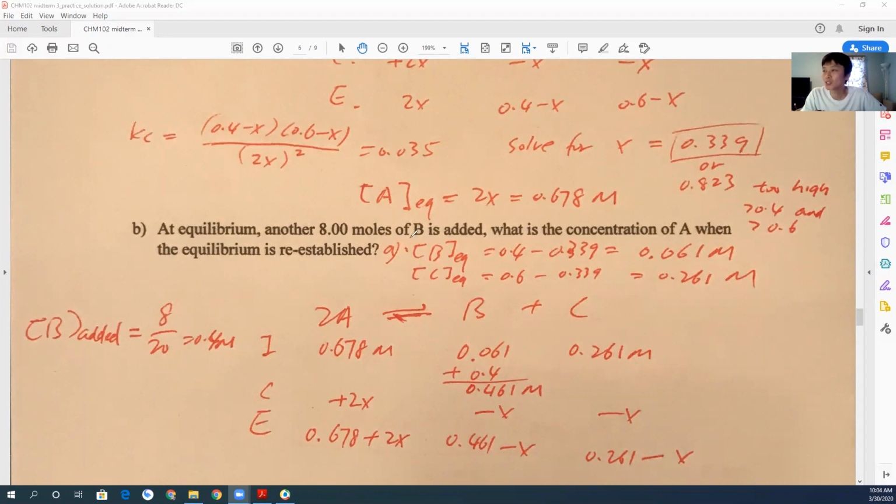What's the concentration of A and B and C when the initial equilibrium is reached? In part A, we calculated the concentration for A at equilibrium is this. For B and C, this will be their concentration.